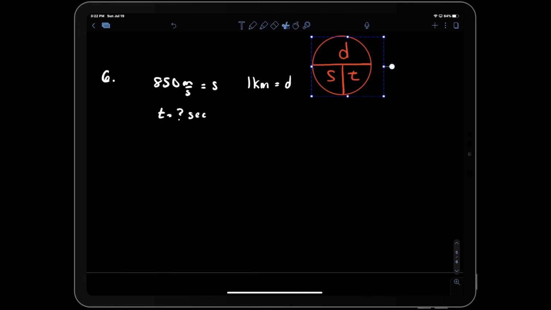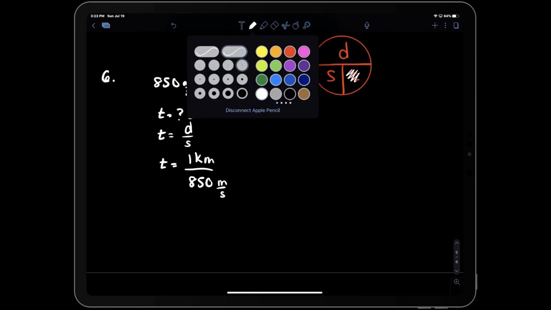Okay. So looking at our equation, this time hopefully I get it right. For our time, we're going to have distance divided by speed, and we'll plug in those variables now. I know the distance is 1 kilometer, and I know the velocity of this bullet is 850 meters per second. Now, there is a small problem that we're going to face here before we can get started.